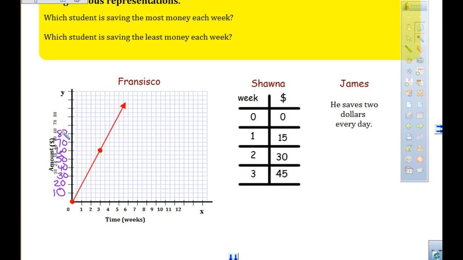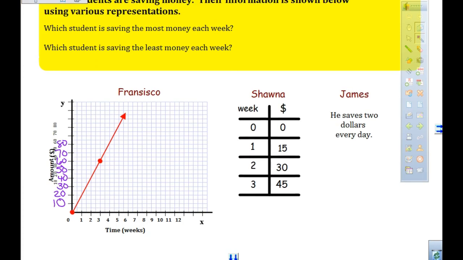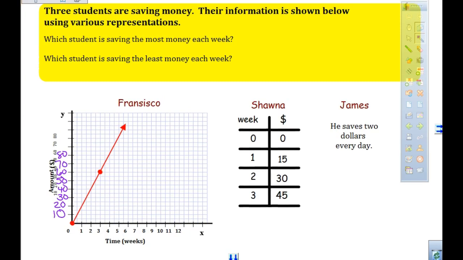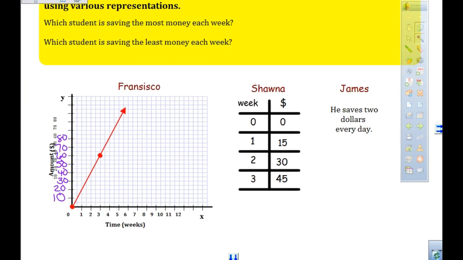And what you're asked to do is we are trying to look at each of our 3 people. And I know it says this is how much they are earning, so the amount of dollars, but we are kind of thinking of that they are trying to save these amounts that they're getting. So first off, where does this ordered pair look to be? How many weeks? 3 weeks, 60.